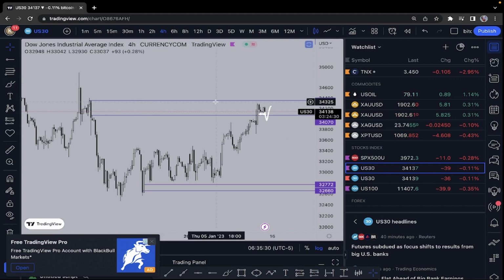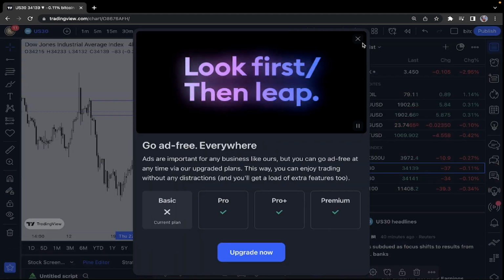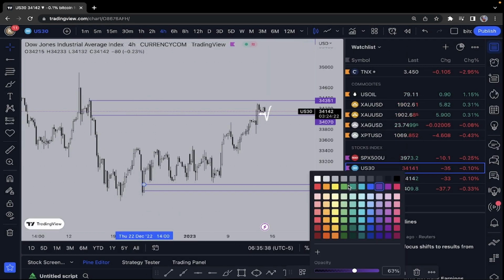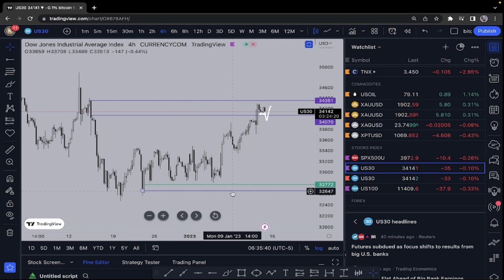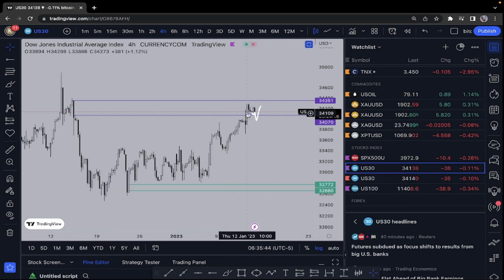So short term, this is the trade that I'll be looking at for today, I guess, if the market has volatility. Let me change the color. So if the market has volatility, this is the trade that I'll be looking at going into next week, because I doubt this will play out in a day.